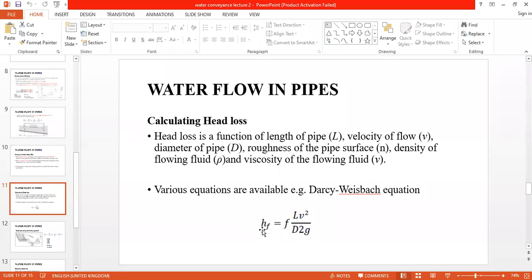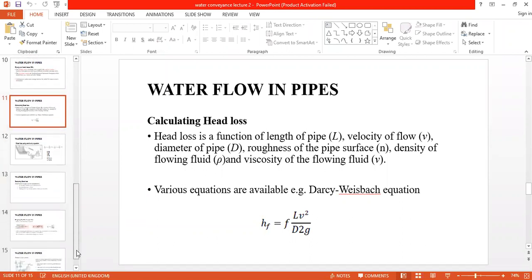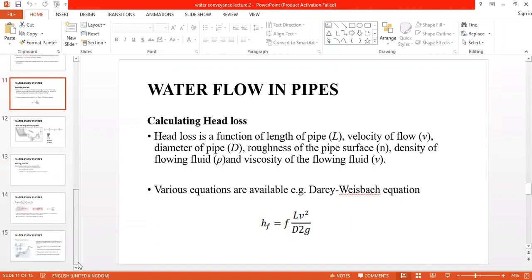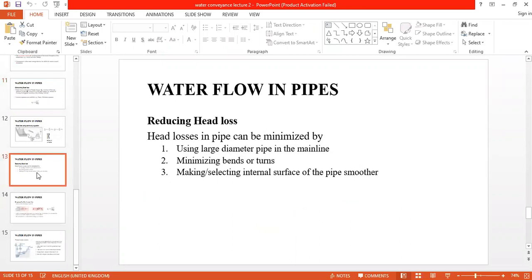But it's at the expense of losing head. Meaning that you have to pay more money to buy electricity units to pump through smaller pipes than when you have bigger pipes. Those two things are the ones we're going to consider when we come up with a final decision of what diameter of the pipe we need.